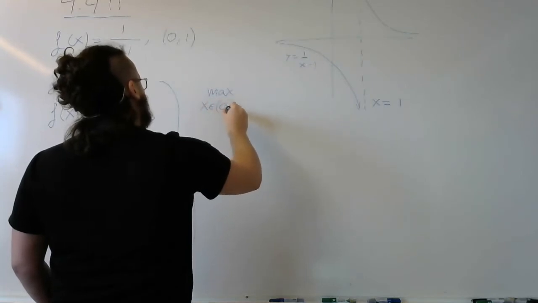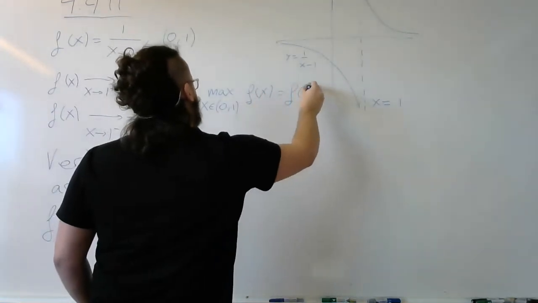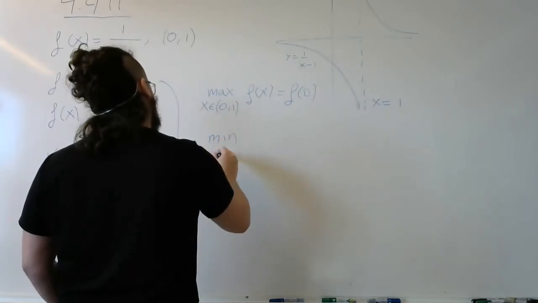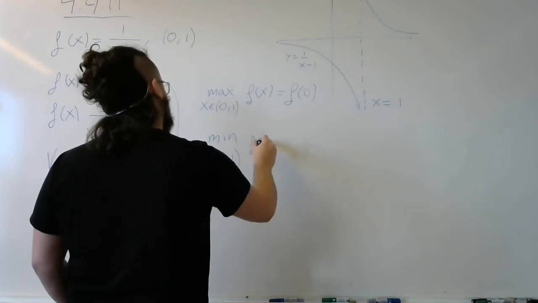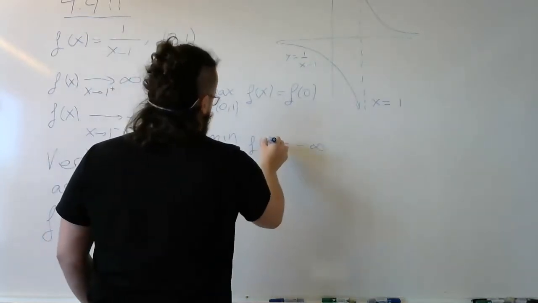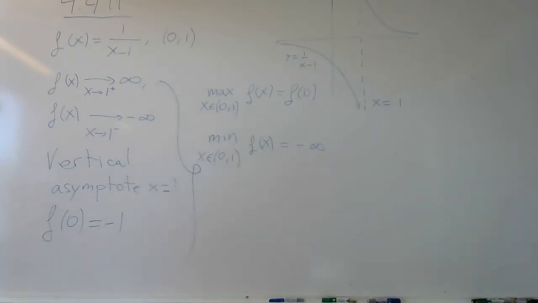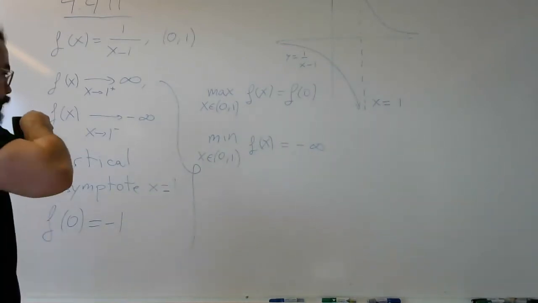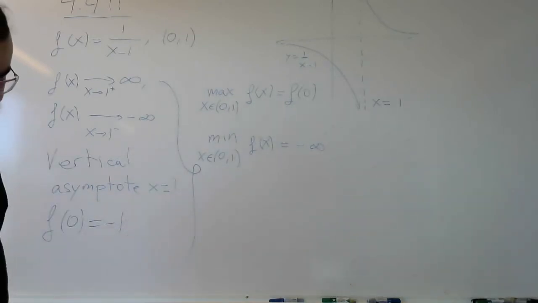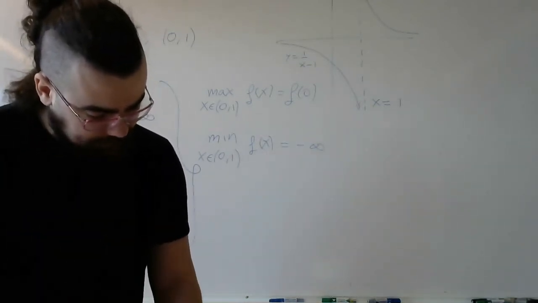We know that the maximum in this interval would be f of 0. Now, none of them are included, so we cannot actually talk about maximums and minimums, but supremum and infimum of the function. However, let's see how the book phrases this.